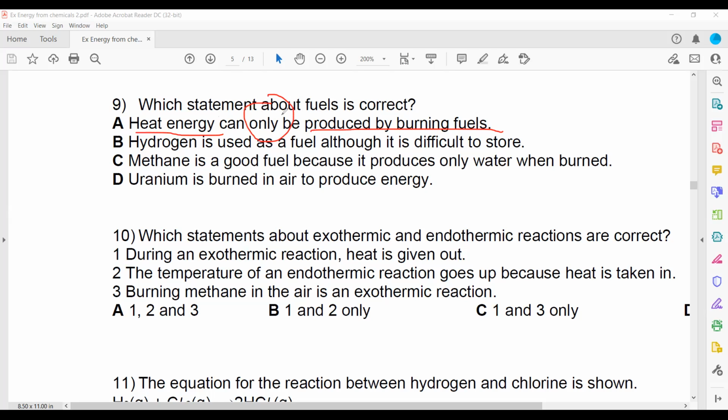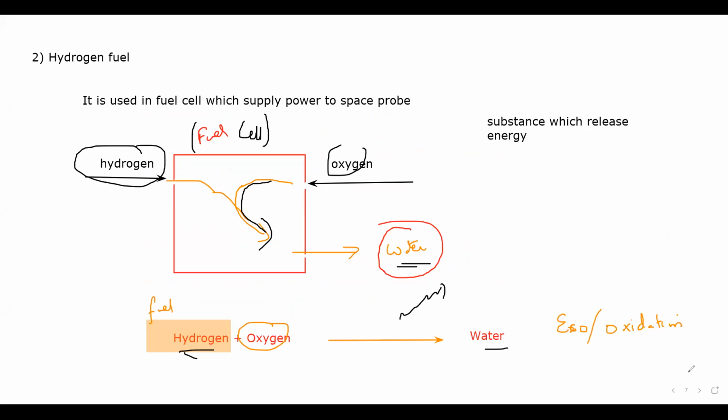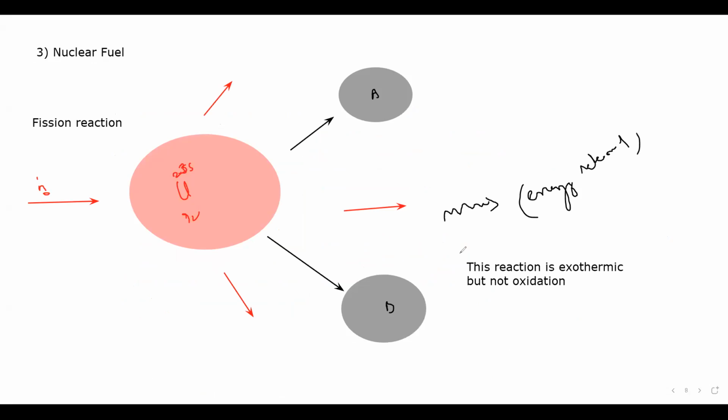And right now we have discussed it's not necessary that we burn a fuel. As in the example of uranium, we are not burning. This is not a burning reaction. This is a nuclear reaction. So without burning, we can also produce heat energy. So that's why A cannot be a right answer.